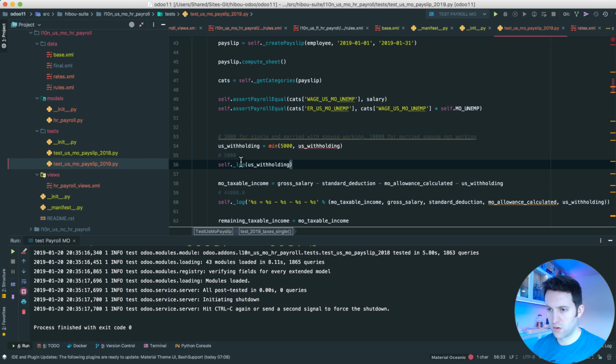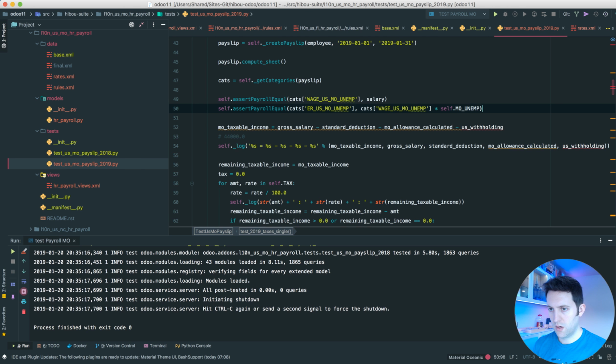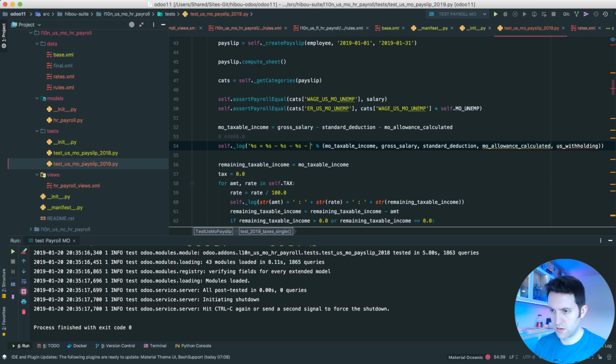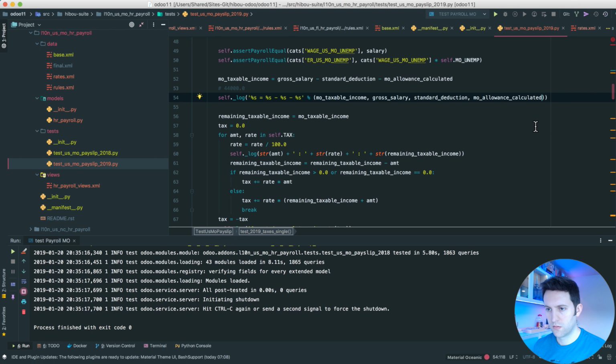Don't need this anymore. And now we don't need this anymore. Which I guess I understand why there's such exotic logging statements now. Or rather, I remember why. Okay.